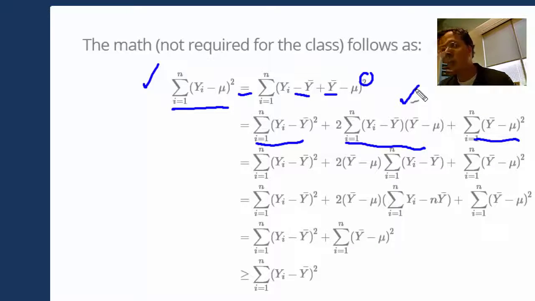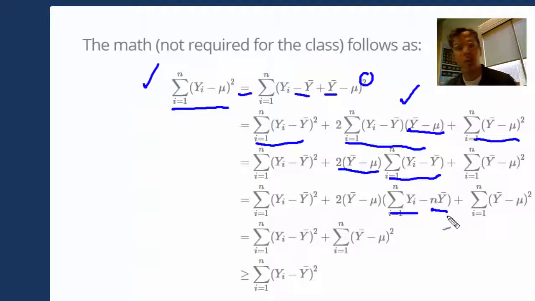Let's look at this term right here. Notice this doesn't depend on i, so I can pull it outside of the sum, out here. Then notice this guy right here, I can distribute the sum across it. So I get summation yi, and then if I add up y bar, which doesn't depend on i, if I add it up n times, I get n y bar.